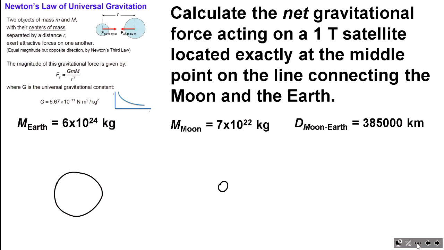It travels in a spiral, eventually speeding up and reaching a certain speed. But we can imagine that at a certain instant, this satellite is exactly at the middle point between the Earth and the Moon.